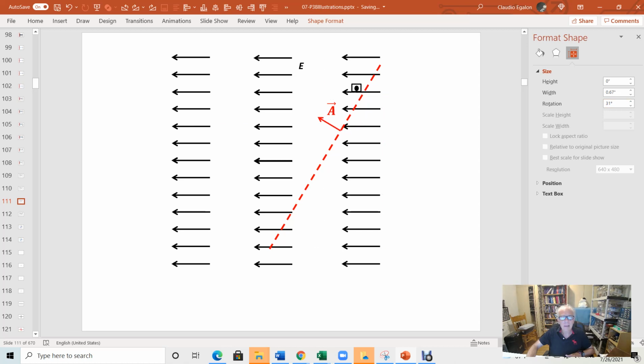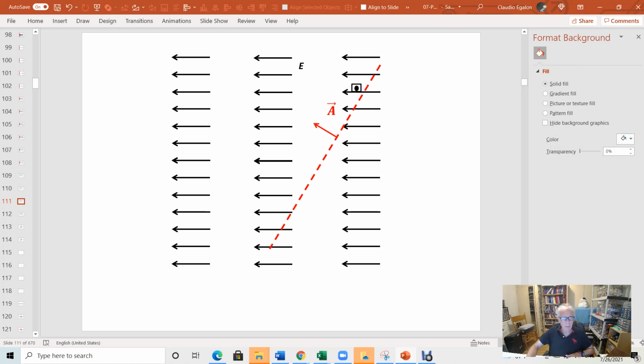See that? So in this case, we have fewer electric field lines crossing the surface. Here we have the most, because the area vector is oriented parallel to the electric field.